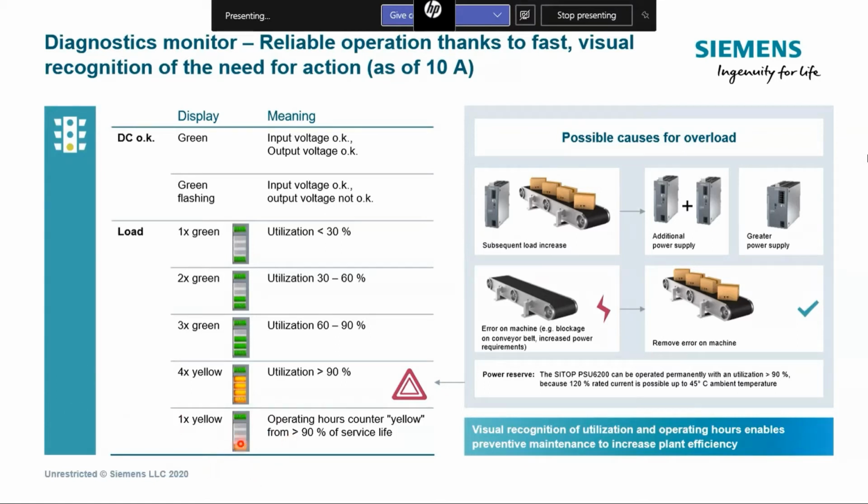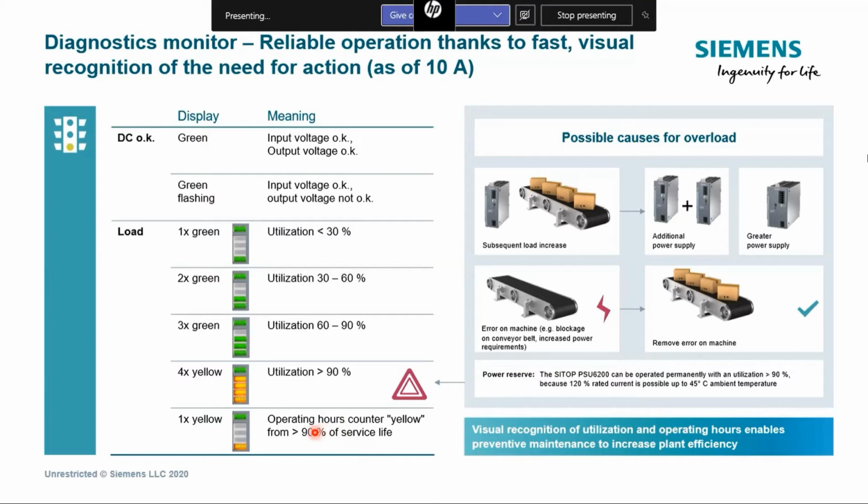Now, if we have this combination, which is 1 yellow, it means that the operating hours of the power supply have exceeded 90% of the service life. This is actually a nice feature which is built into this power supply based on our testing data. There is a built-in service life in hours saved in the power supply, and there is an operating hours counter inside the power supply.